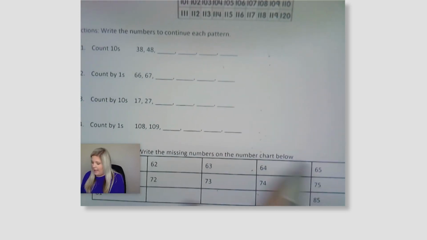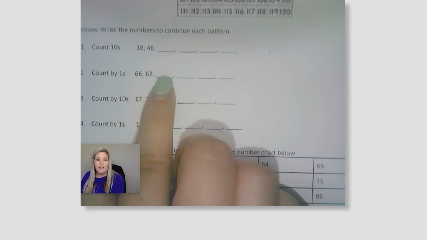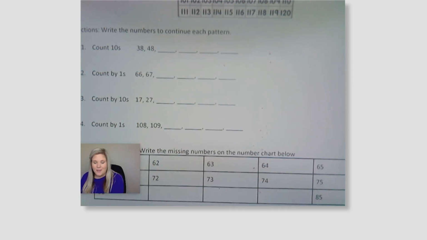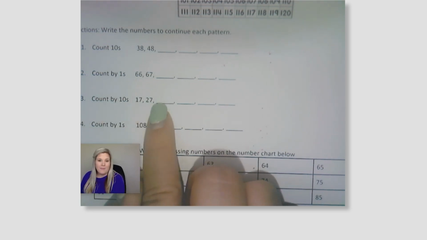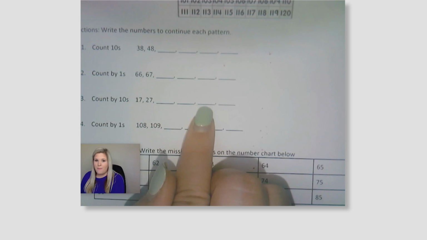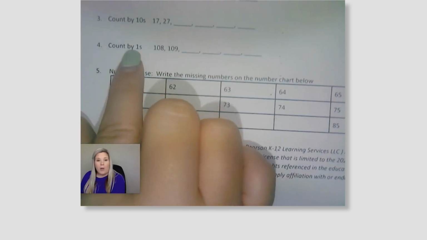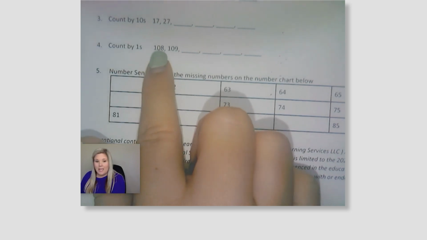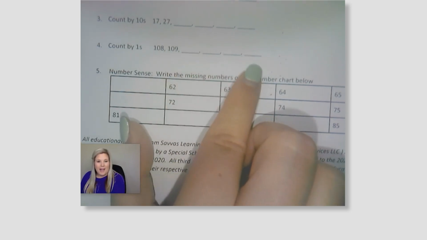Number 2, count by ones, 66, 67, and continue on with that pattern. Number 3, count by tens, 17, 27, continue with that pattern. Number 4, count by ones, 108, 109, and continue on with that pattern.